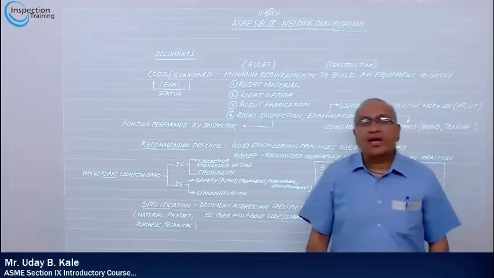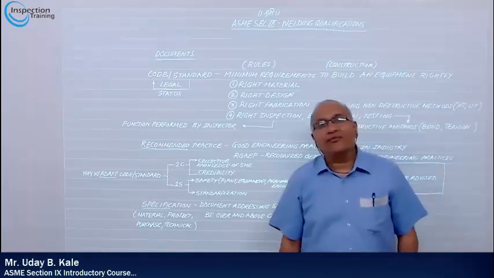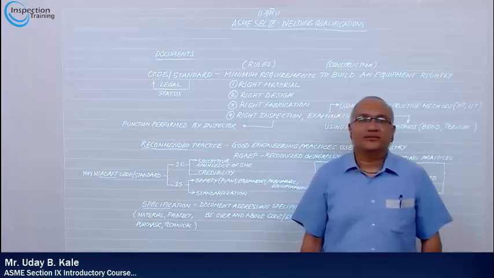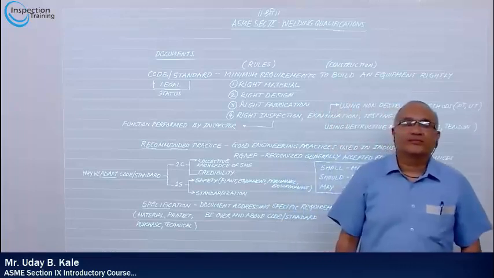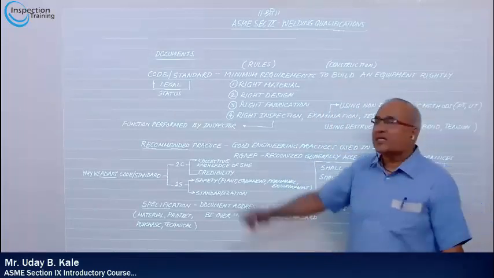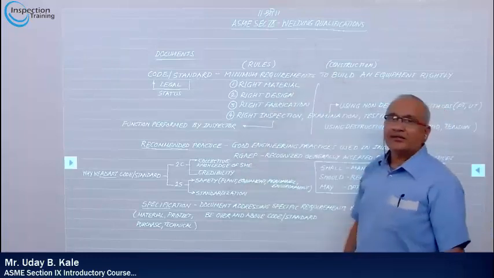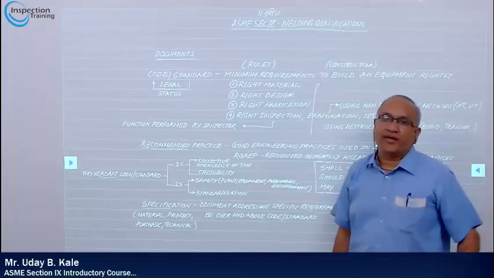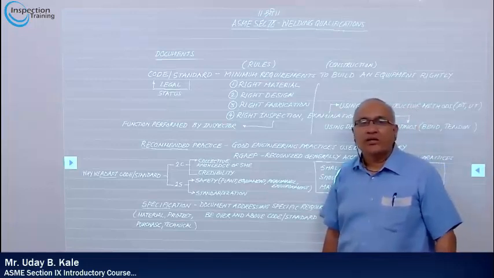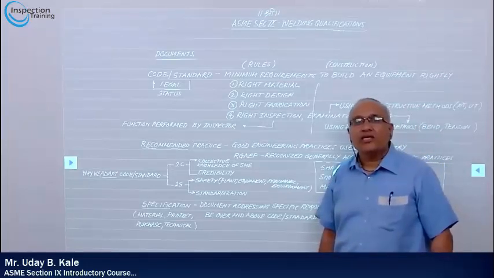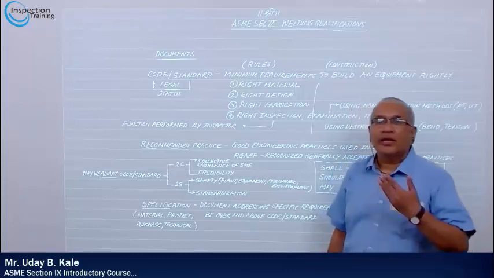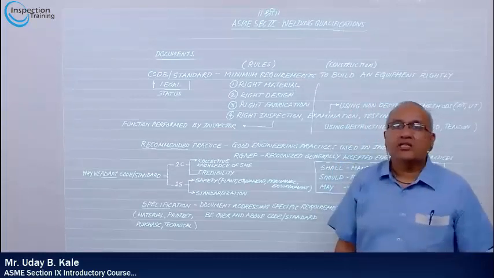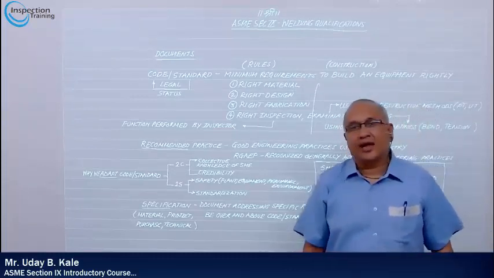So we are going to see one of the documents called ASME Section 9, which is related to welding qualifications. So now it is time to introduce ASME Section 9 at this point of time.